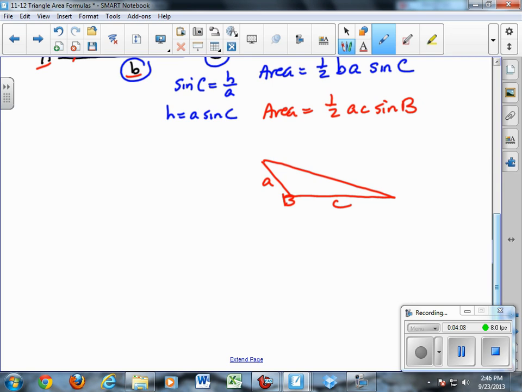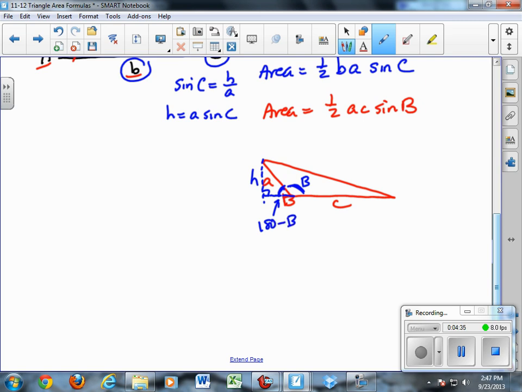Well, it turns out I have to drop a line outside, extend the base, and drop a line outside the triangle to find height. And when I find height, I need to know this little angle right here, which is the supplement to angle B. So here's B. If this is angle B, then this is angle 180 minus B.